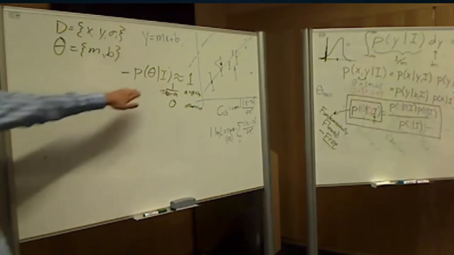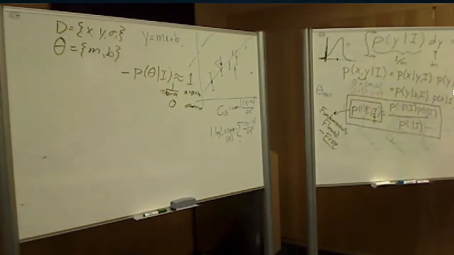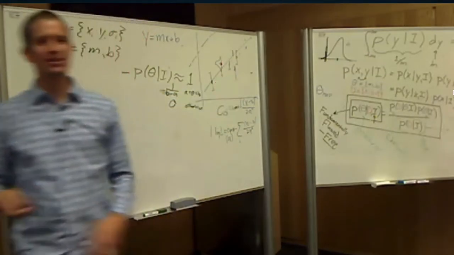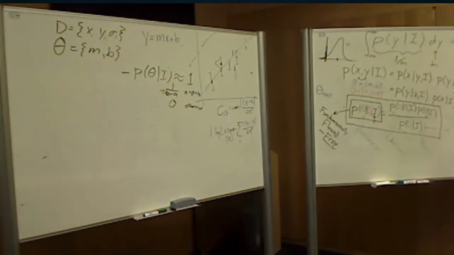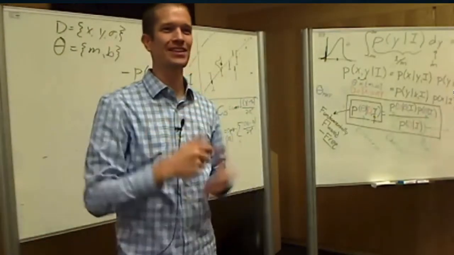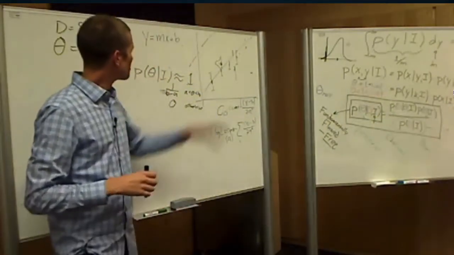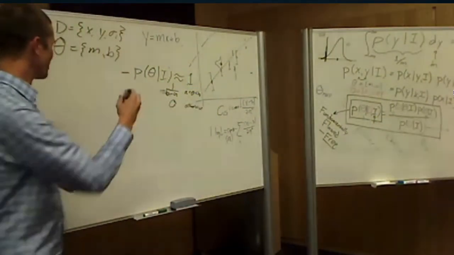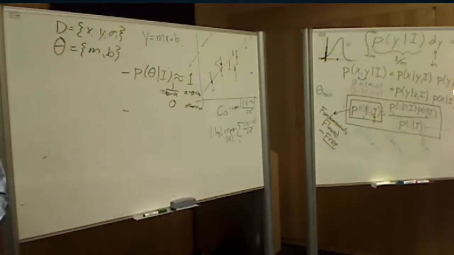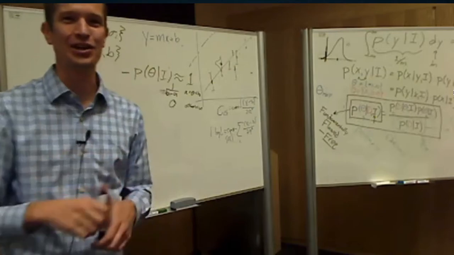So what's something else you might do for this prior on the slope? So this slope might be something like the relationship between the mass of a black hole and the scatter of the velocity in the galaxy, right? So we might have some actual prior information. There are actual prior measurements of this slope of the black hole mass and scatter relationship.